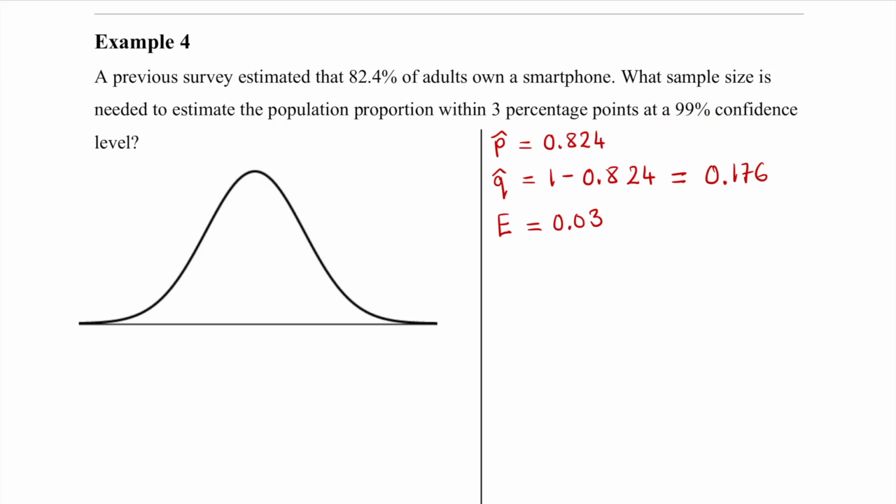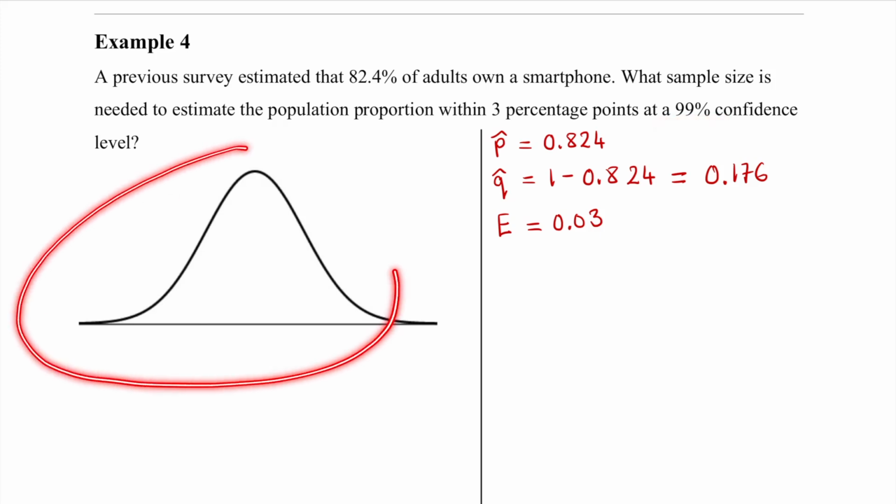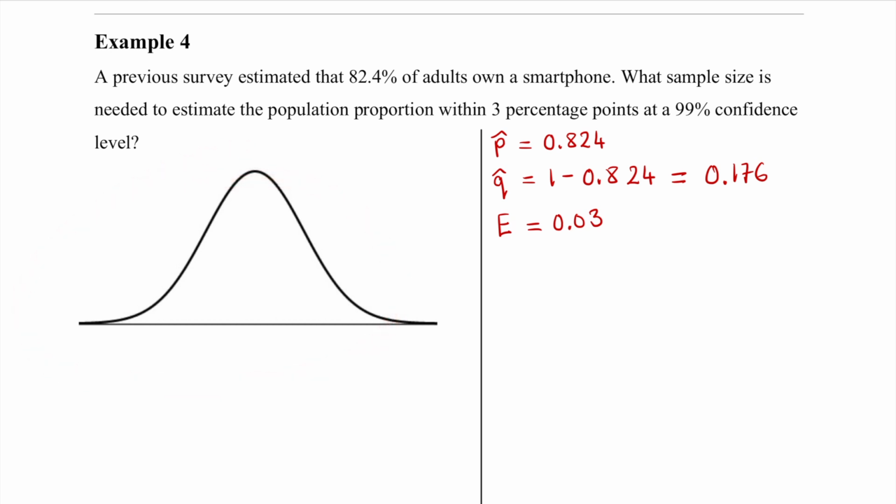So first, let's sketch the standard normal curve. The center is 0, and 99% is the middle area. So this middle area is 99% or 0.99. Alpha is 1 minus confidence level, which is 1 minus 0.99, which is 0.01.